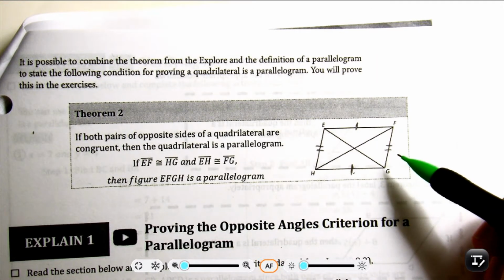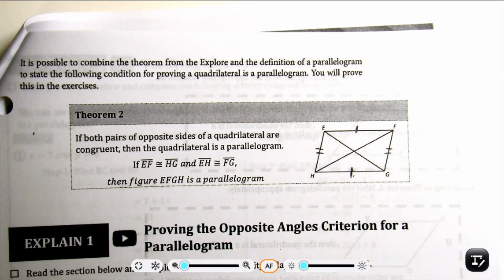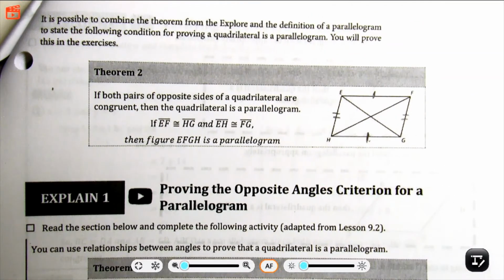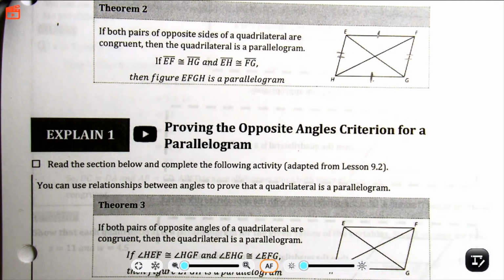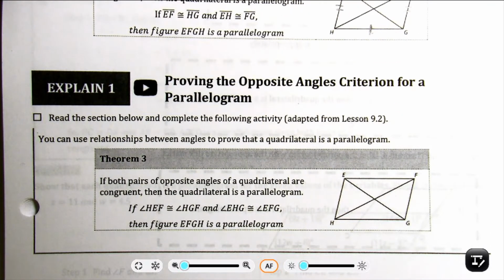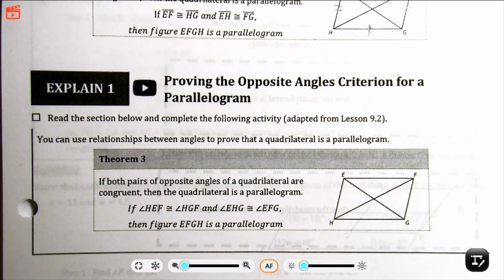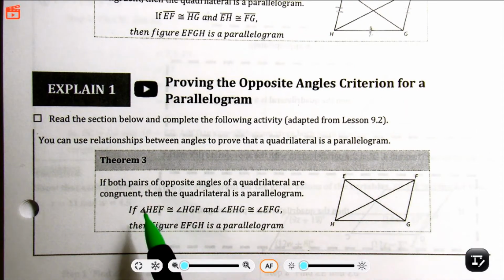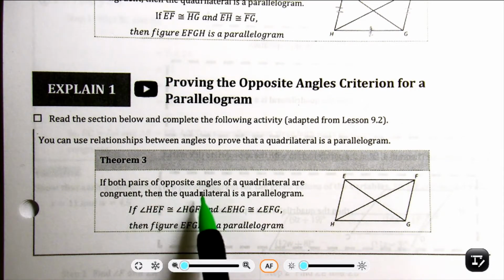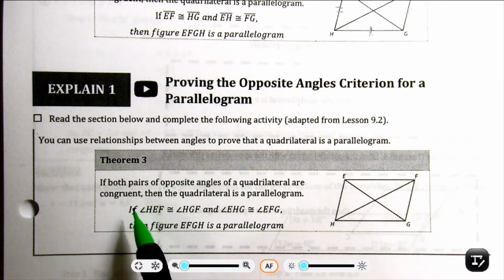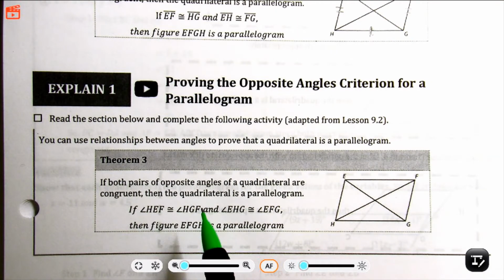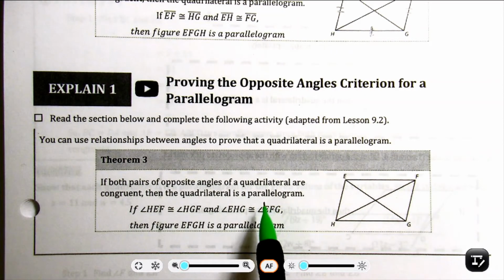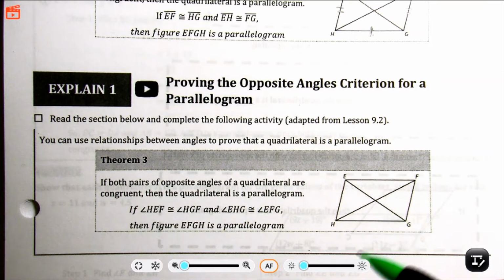Next, we're going to look at opposite angles of parallelograms. Theorem 3 states if both pairs of opposite angles of a quadrilateral are congruent, then the quadrilateral is a parallelogram. Opposite angles are angles that are on opposite sides of the parallelogram.